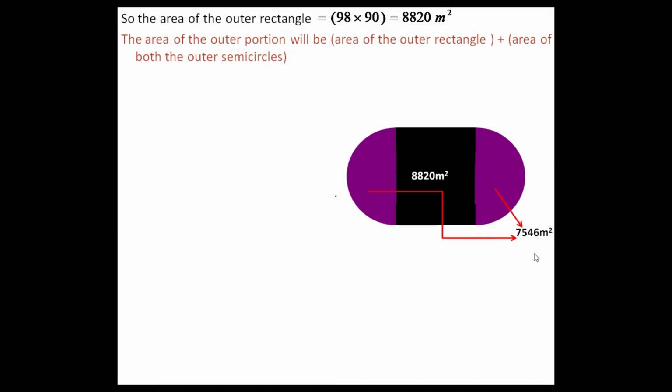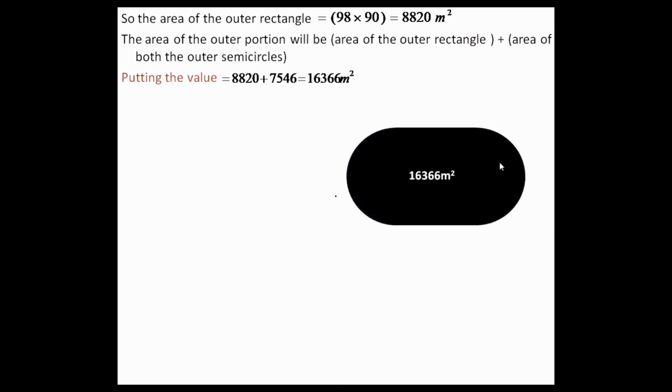Now we have carried out the area of the large semicircles. Now we just have to add both values. I will get the result 16,366 meter square as the area of this whole outer portion.